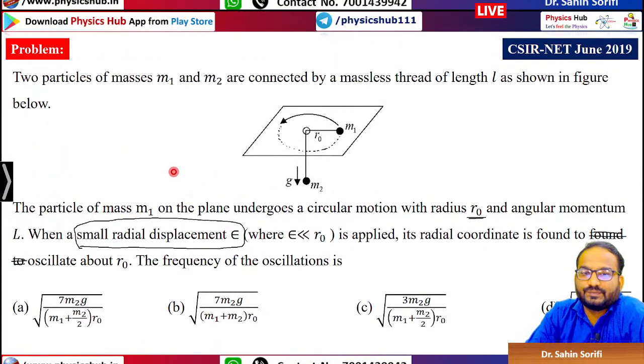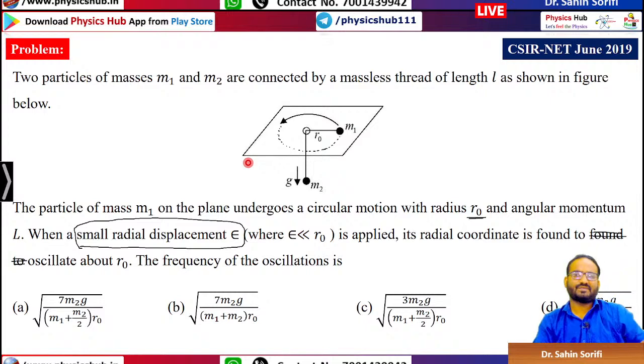The question is simple. You can imagine a table. A table is there, and in the middle of the table there is a hole, and two masses are connected by some massless thread of length L. One mass is on the table, another mass is under the table.